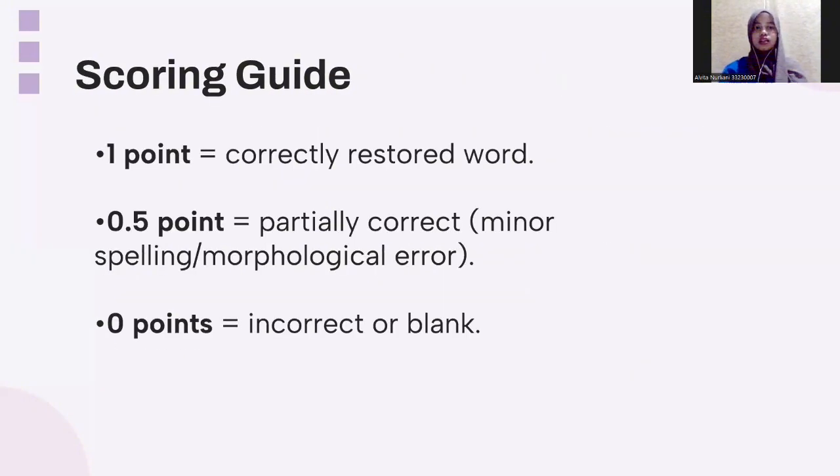For the scoring guide, they will get 1 point if they have restored the word correctly, and then 0.5 point if they answer partially correct because of a minor spelling or maybe morphological error, and 0 point if they leave it blank or get the answer incorrect.